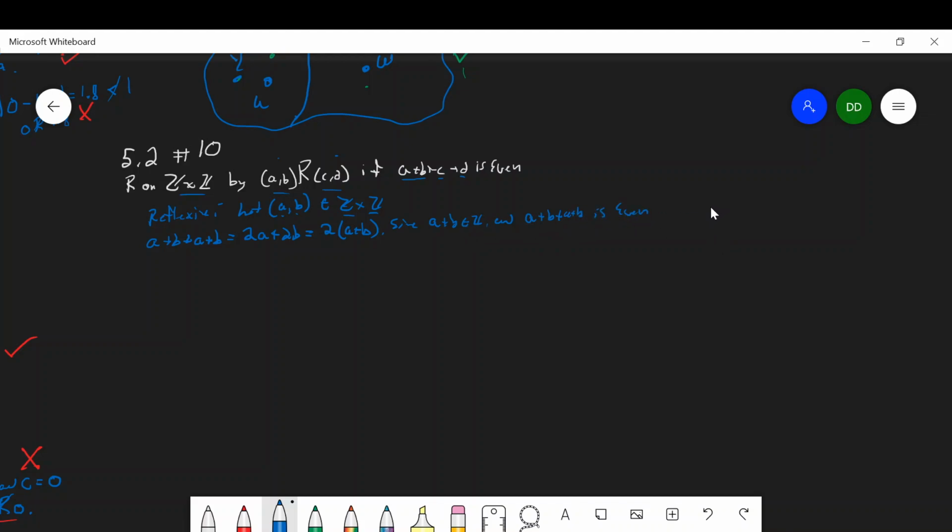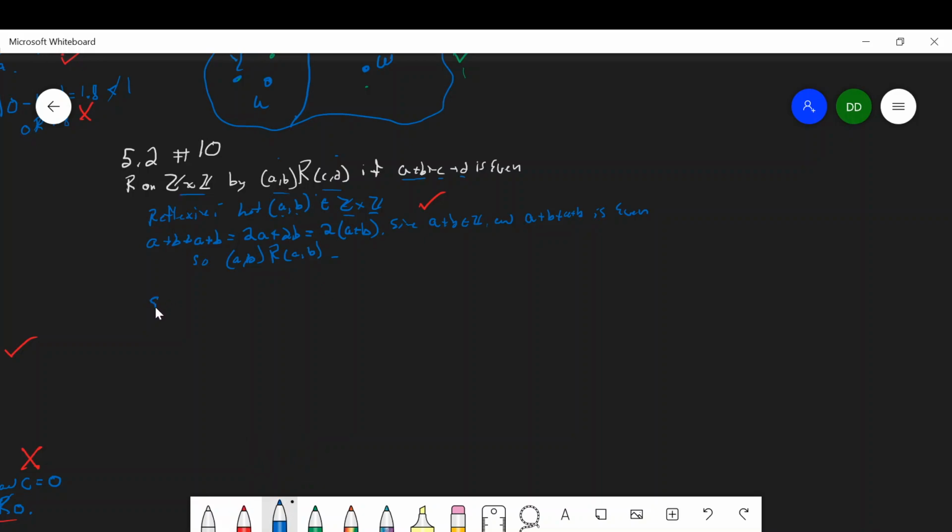It's twice an integer. So the pair (A, B) is related to itself. We just proved that. Once you get over this hurdle that an arbitrary element is really a pair here, this one's at least not too hard to see. So it is reflexive.